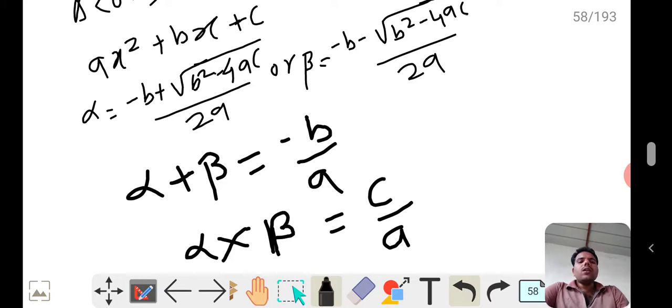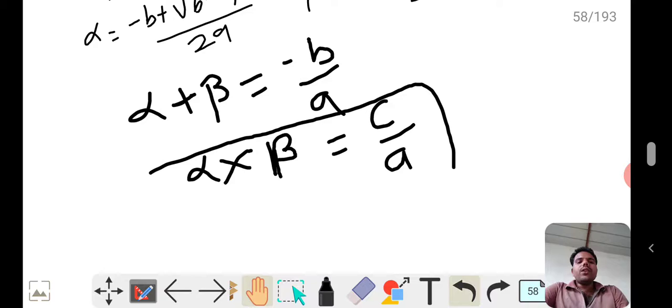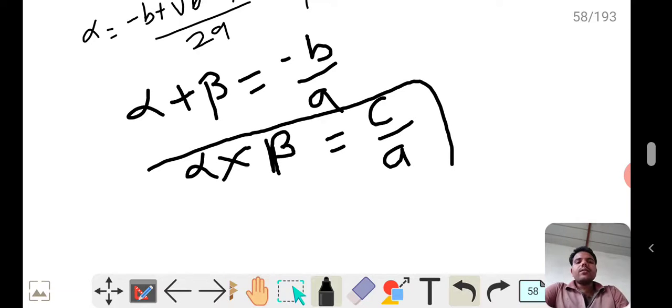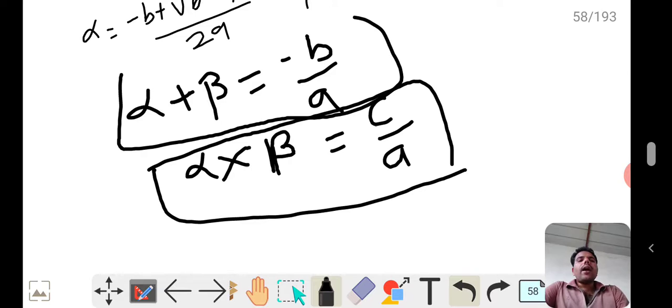These are the two equations by which we can find out the roots from the coefficient or the coefficient from the roots. So these two equations give the relationship between the roots of quadratic equation and the coefficient.